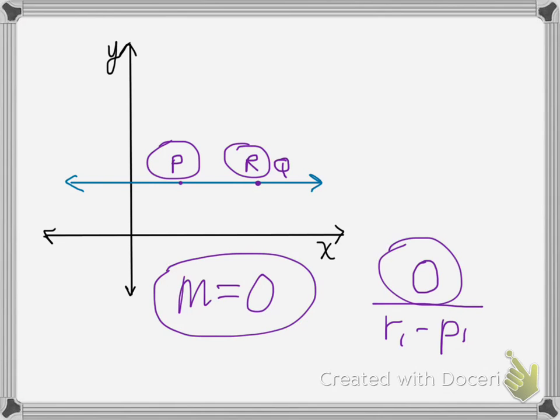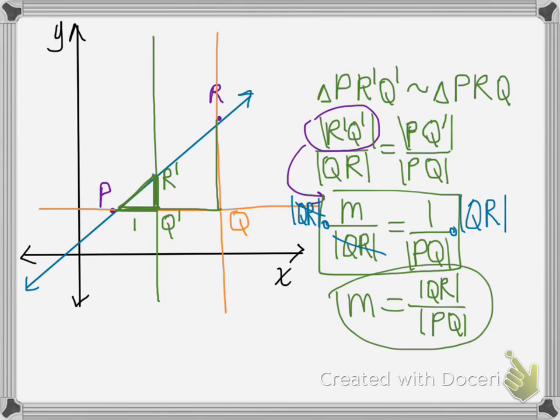So this slope M becomes R2 minus P2 over R1 minus P1. And that's how, in practice, you're going to calculate the slope.